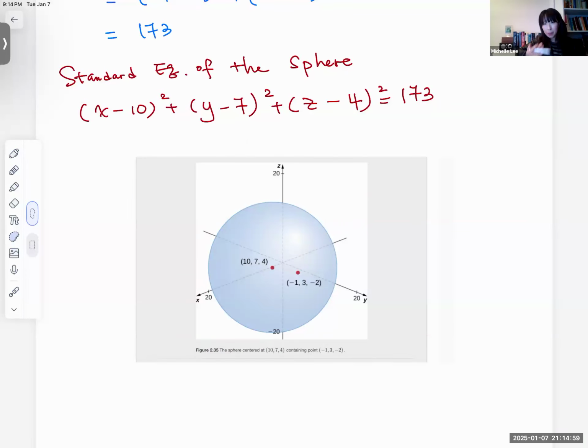Okay, so I got a picture from your textbook of what we just did, right?